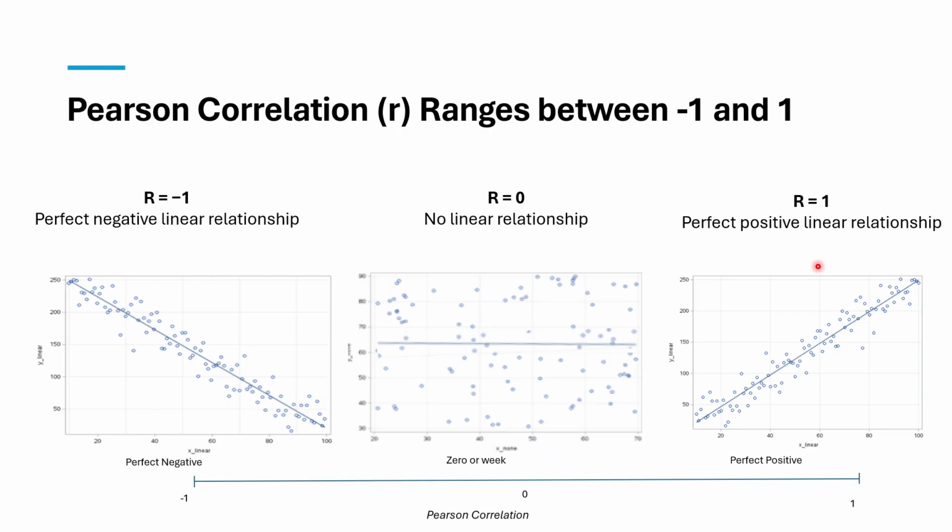In that case, there will be a perfect positive linear relationship. And if the R value is close to 0, it means that the increase or decrease in the exposure of our interest is not affecting the value of our outcome.